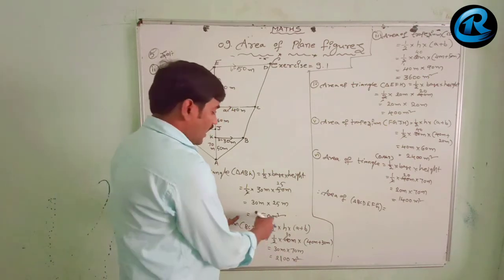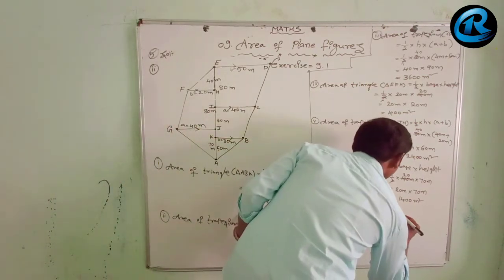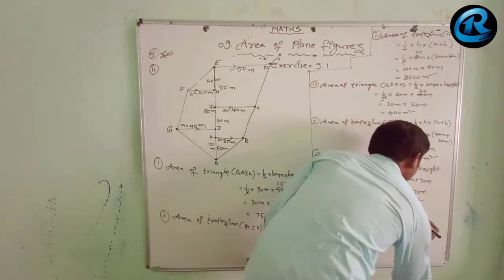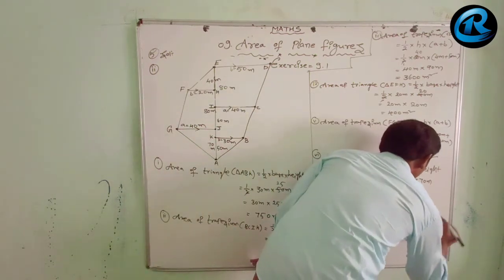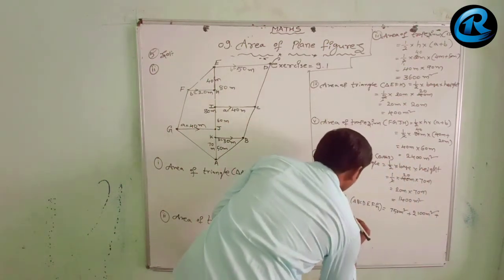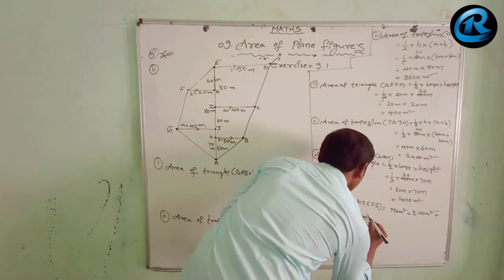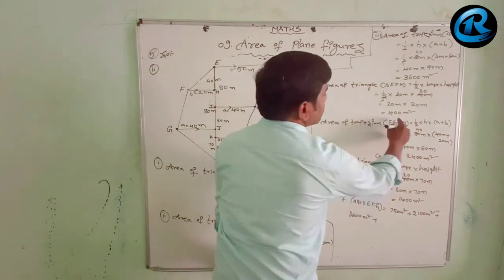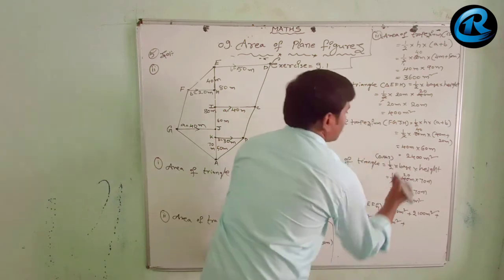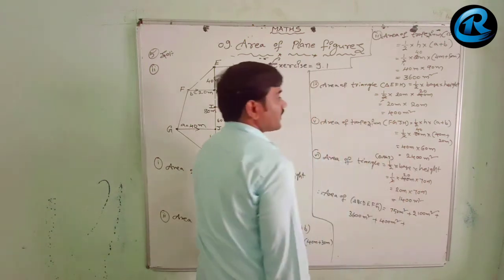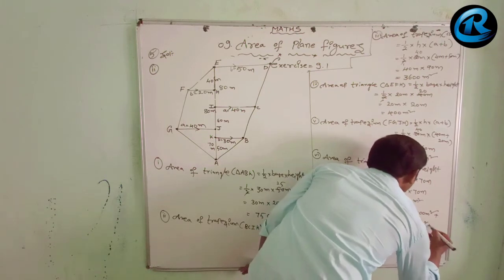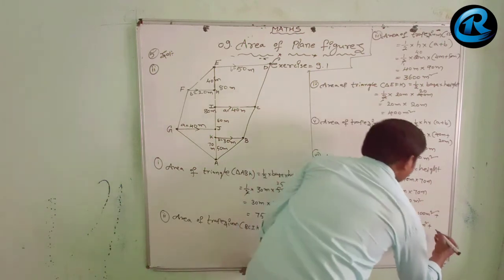Then adding all this, here 750 meters plus here 2100 meter square plus here 3600 meter square plus here 400 meter square plus 2400 meter square again plus here 1400 meter square.